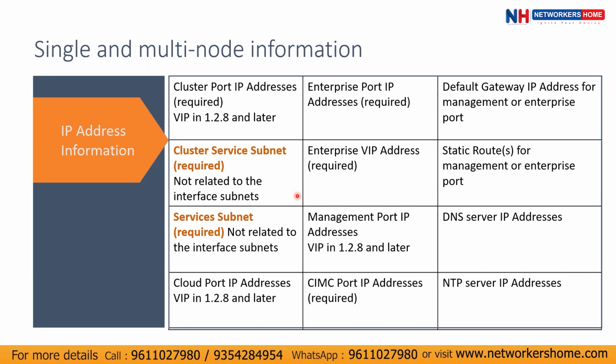For the cluster and services subnet, keep in mind that you need to give a /21 subnet, or larger, like /19, /20, /18, /15, /16, whatever. The minimum is /21, because there are so many services and so many IP addresses may be required. And some of the important IP addresses are your DNS server IP address and NTP server IP address. These two should be reachable.